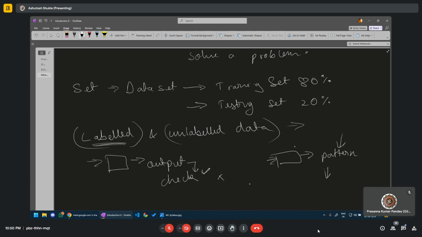We're not telling the computer what exactly it is looking for or what kind of output it should get, so it cannot check whether this pattern is correct or not. Checking is not possible at all. So that is for unsupervised, and this is supervised.